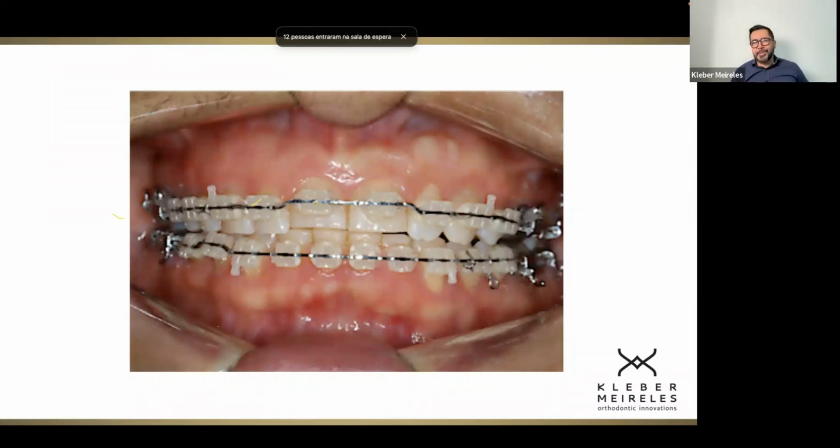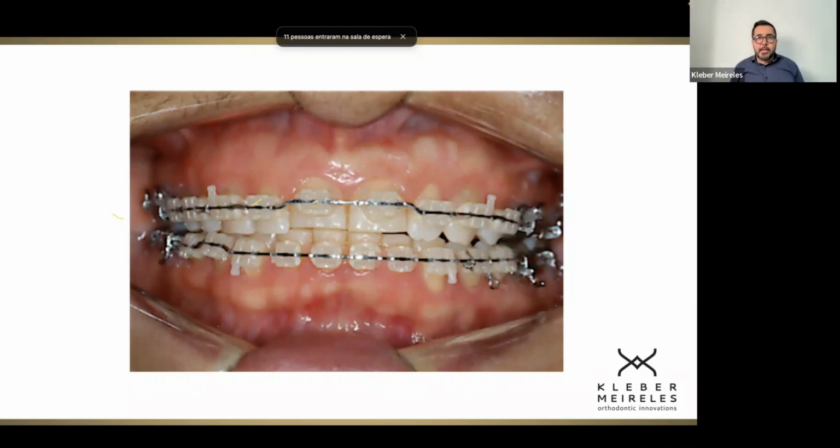The smile is something that I pay a lot of attention, guys, because at the end of the day, what we sell for our patients is a beautiful smile, is a beautiful face. It's not occlusion. The occlusion is a detail that we treat just to increase the beauty of the smile, okay?